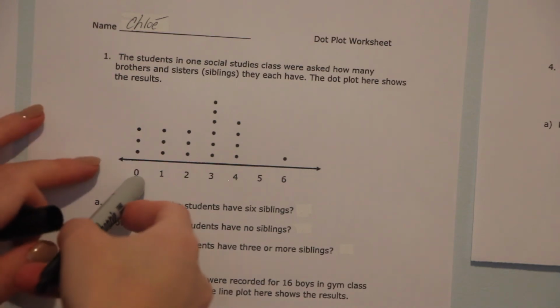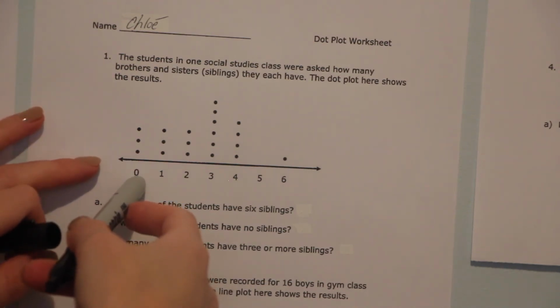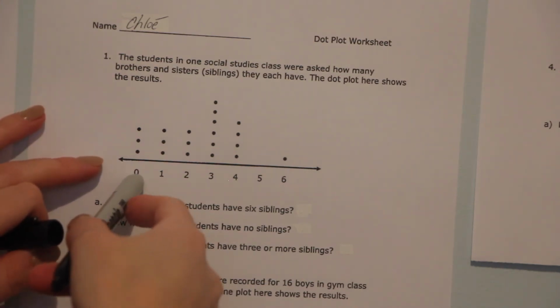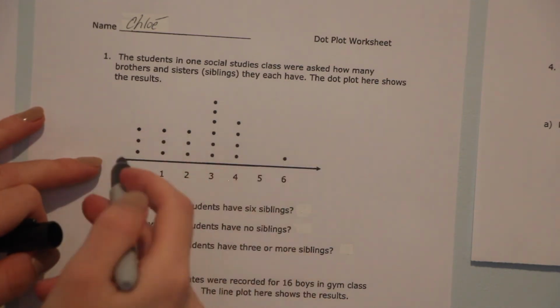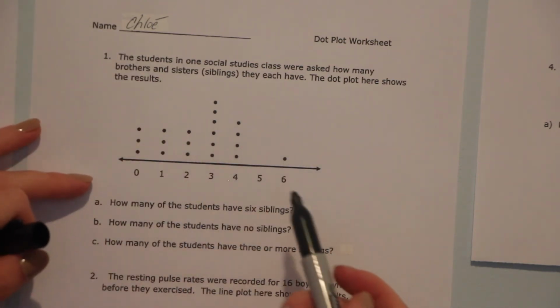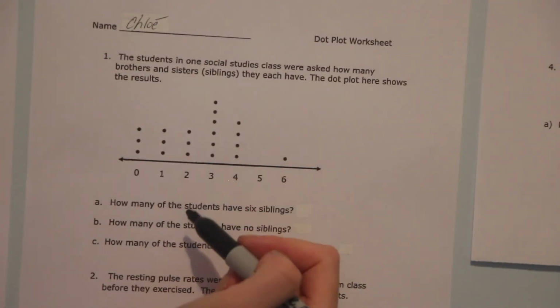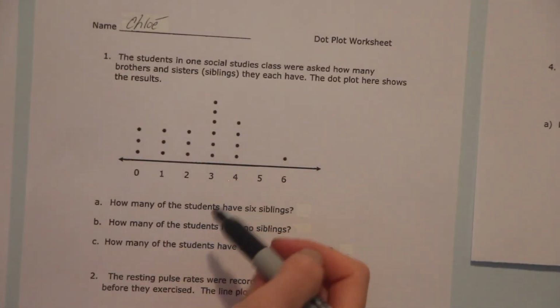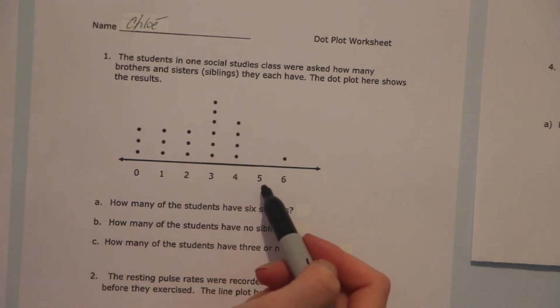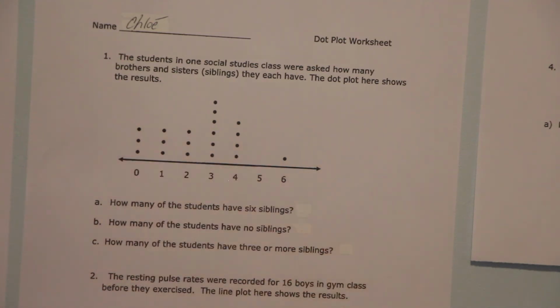So for example, the amount of students who have 0 siblings is 3, because there's 3 dots. The amount of students who have 4 siblings is 4, because there's 4 dots. The amount of people who have 5 siblings is 0, because there are no dots at all.